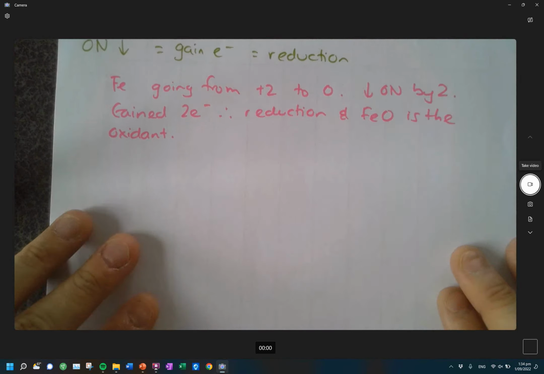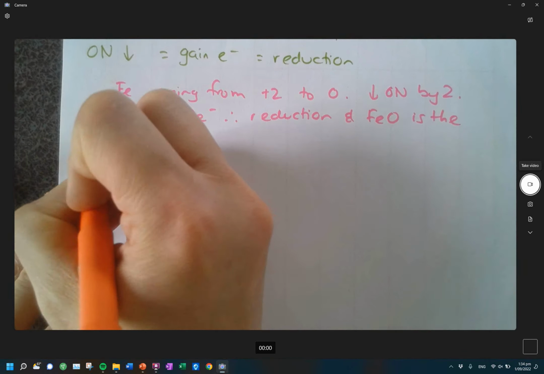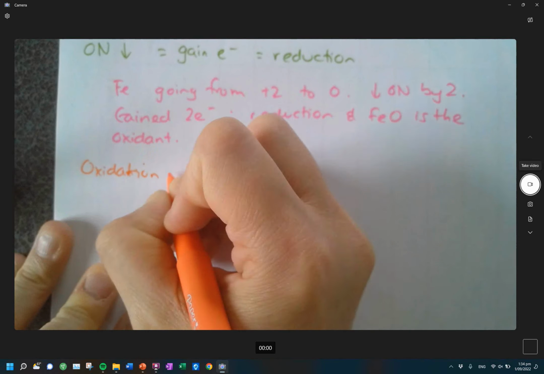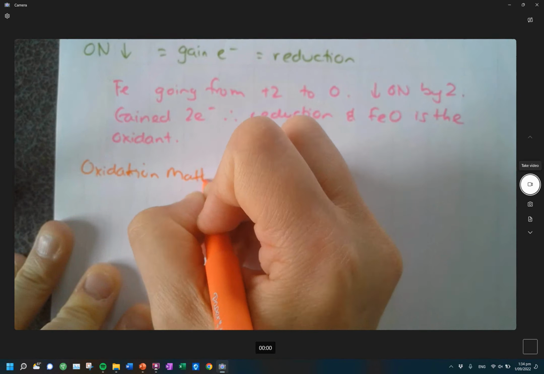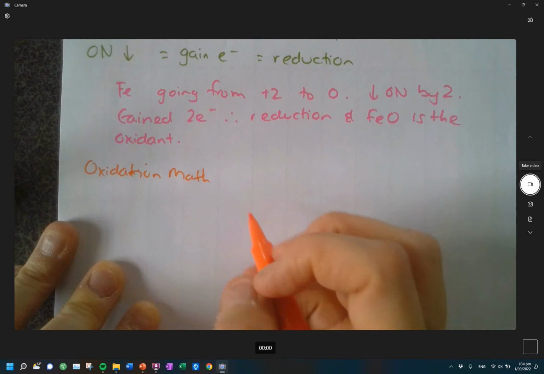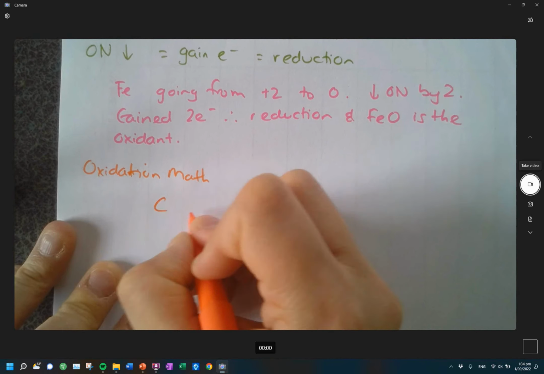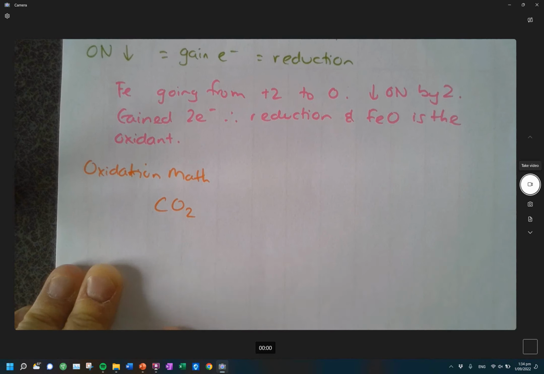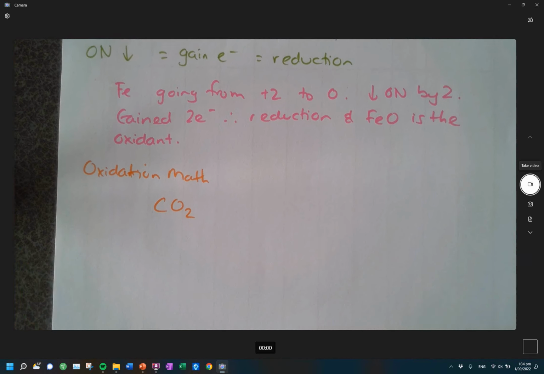So here's what I like to call oxidation math. And we do this whenever something doesn't follow the rules. So when I think about carbon dioxide, I have carbon and I have oxygen, right? Now there's several different rules that I can apply with this.